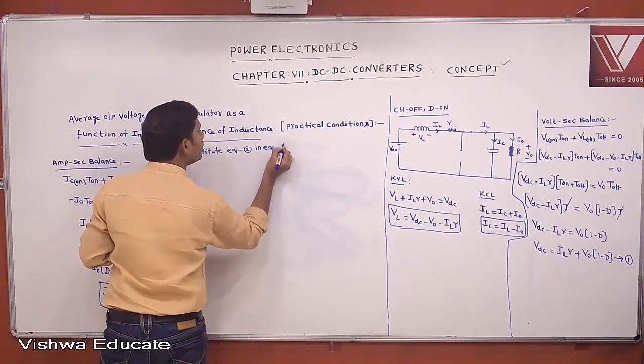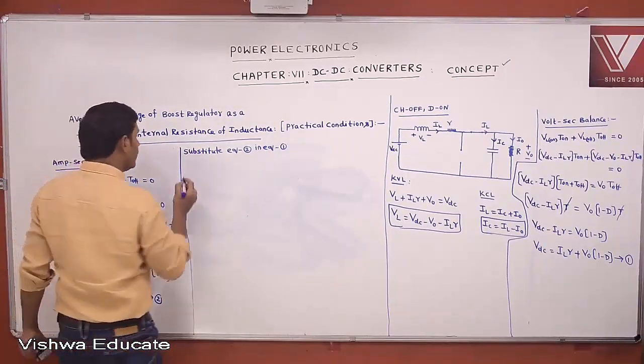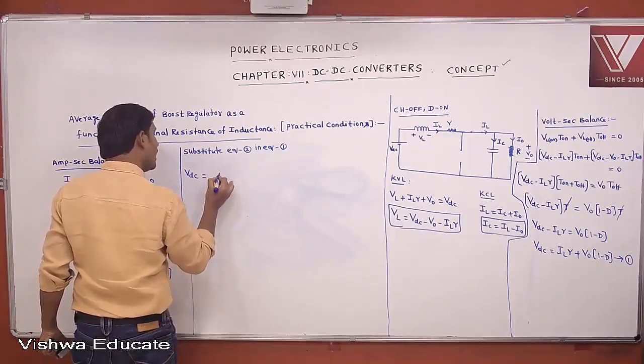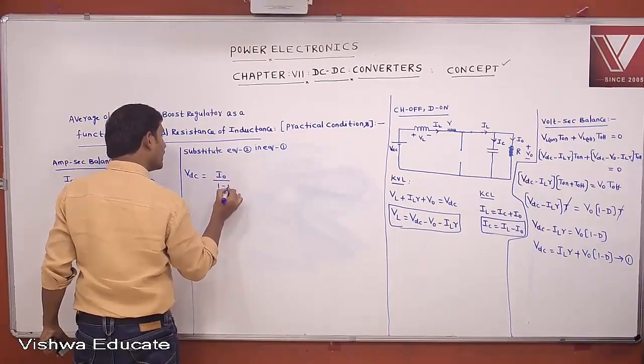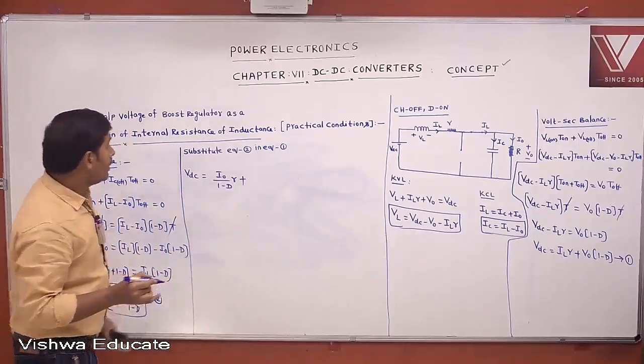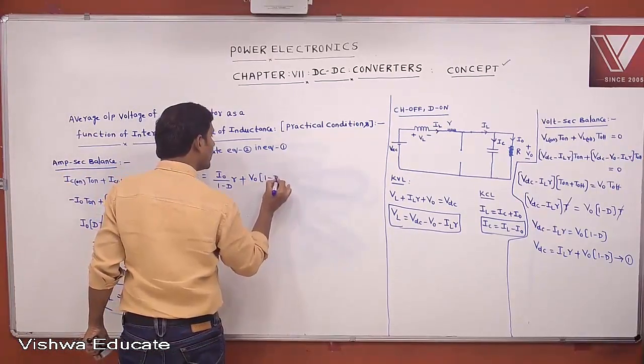In equation 1, you tell me what you can get. VDC equal to, what is IL? I naught by 1 minus D into R plus V naught into 1 minus D.